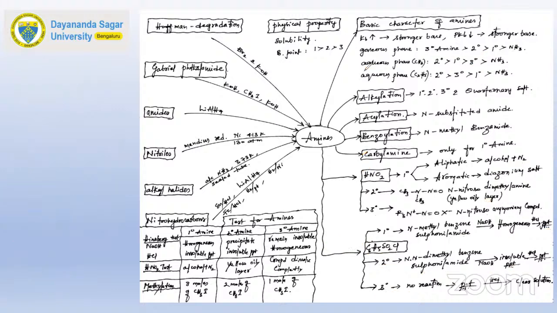Then one more very important subtopic. I will take a board and explain what the subtopics are. Diazonium salt, we call this. What are the things we have to remember in diazonium salts?